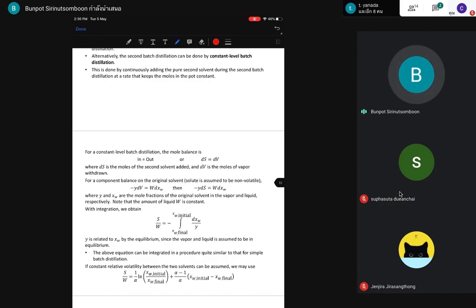This is called constant level batch distillation, and you use this equation here to solve for it.